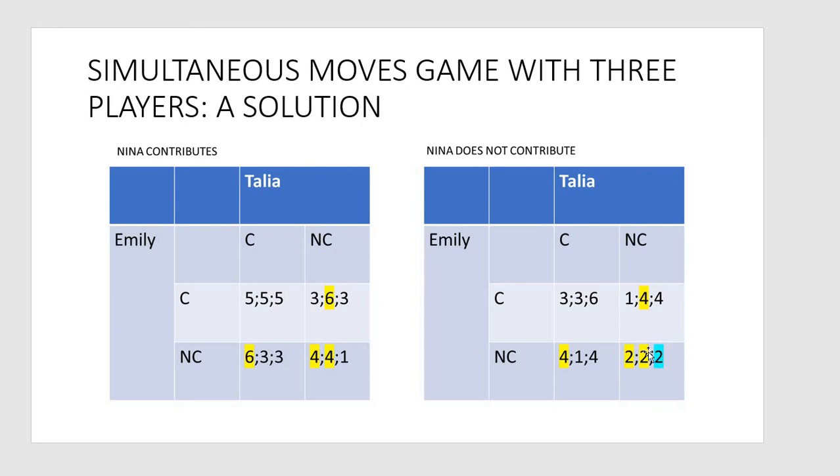So obviously 2 for her is better than 1, so she will prefer the situation when she does not contribute. And here we have the solution, or Nash equilibrium. So Nash equilibrium will occur when neither of the players will contribute.